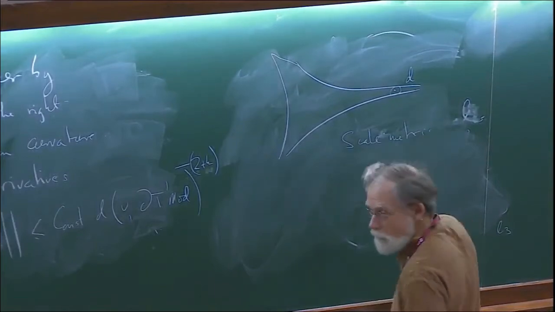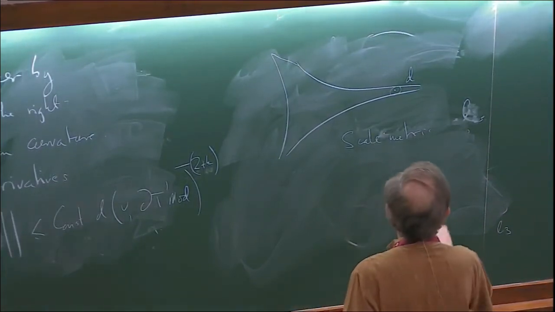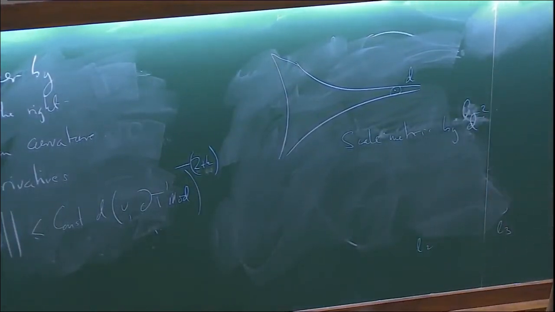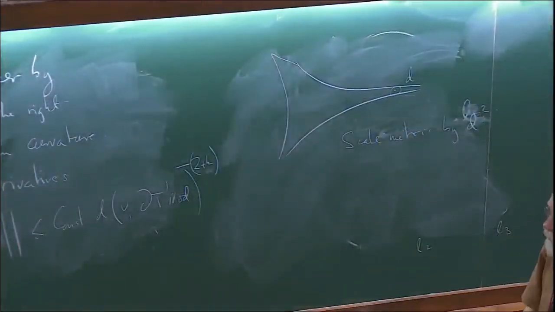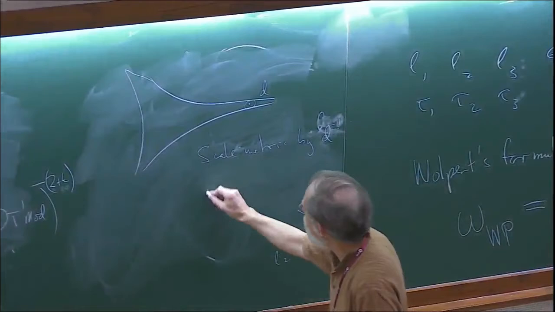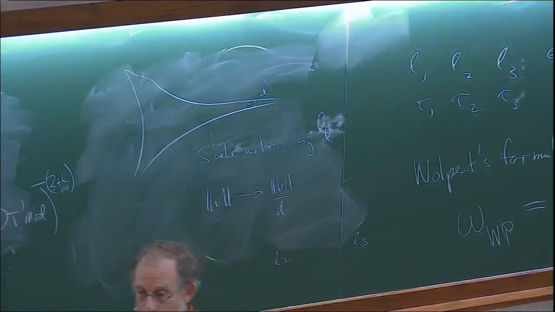It is a conformal change of metric, but with a constant: I scale by the same factor in each tangent space. Just scale the metric by d to the minus 2. So d is small, so all distances are being enlarged. Maybe I mean d to the minus 1. So norm v goes to norm v over d, and the inner product gets scaled by d to the minus 2.